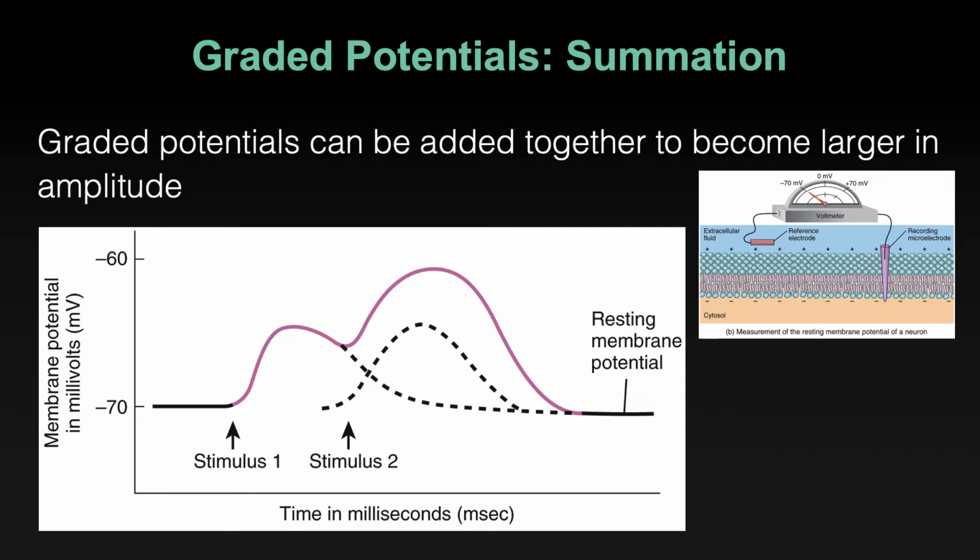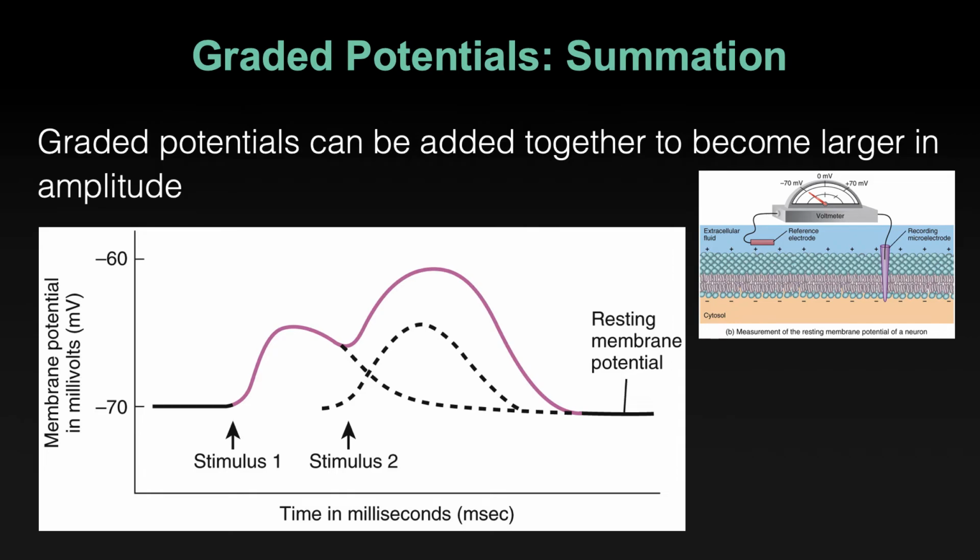If you send a second graded potential before the first one has been resolved, it's additive. So imagine you're recording the difference again with your mini electrode. The resting potential is minus 70 millivolts. You register a depolarizing graded potential, a positive wave.